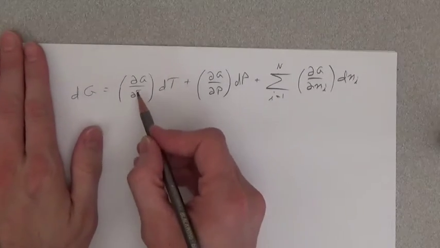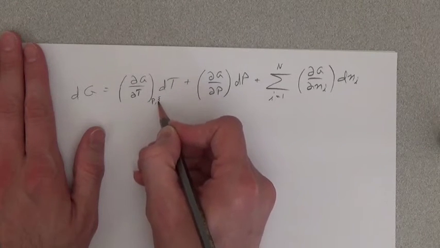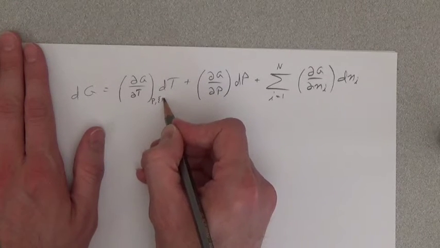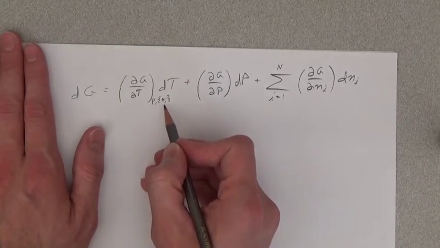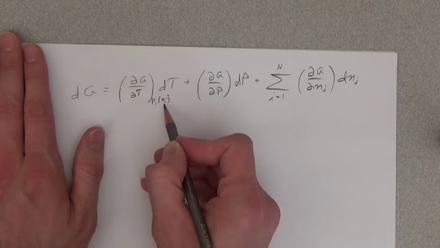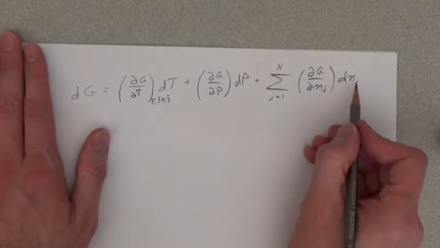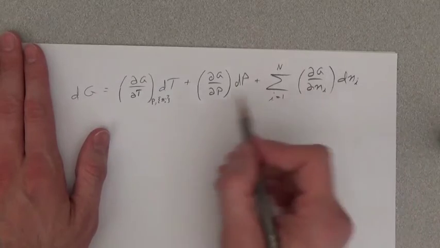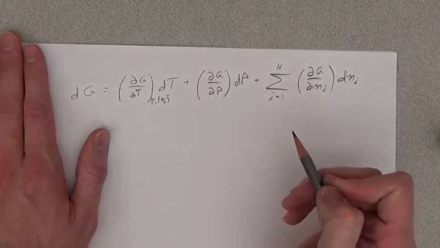And this is being done now at constant pressure and constant number of particles. I'm putting this in curly brackets to specify the set of the number of atoms of each species. So there's capital N species.